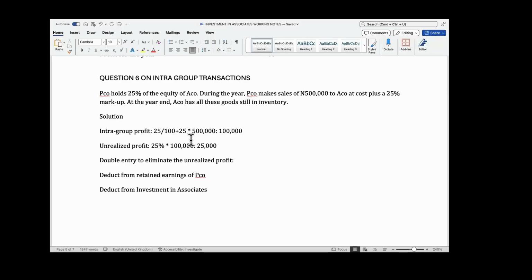The only situation where that will not fly is where the parent sold to the associate, which means that the inventory is with the associate.